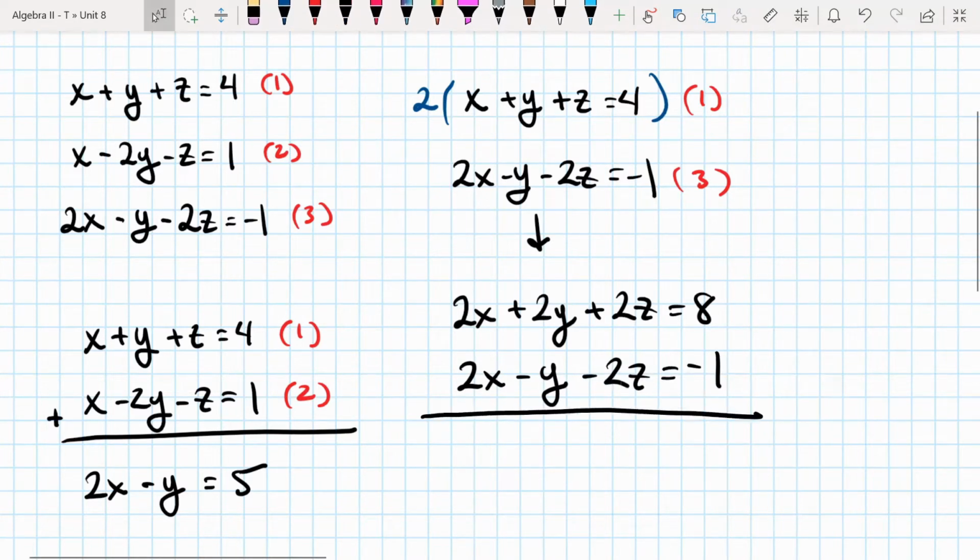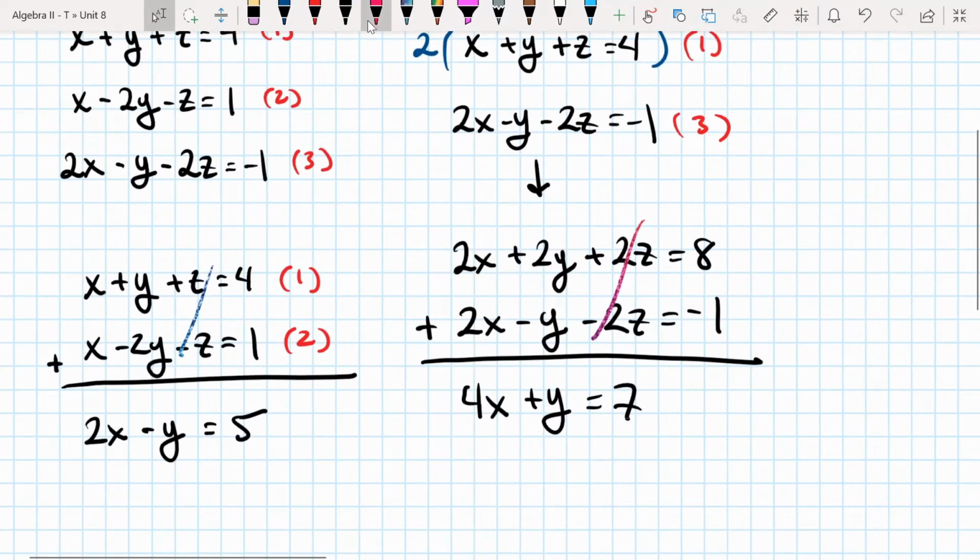Now we're in a situation where if we add these together, these z terms right here will cancel out like they did over here on the left. So 4x, 2y minus y, well, that's going to be plus y, equals 7.